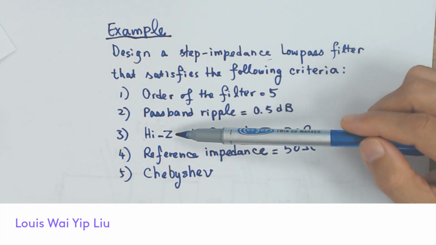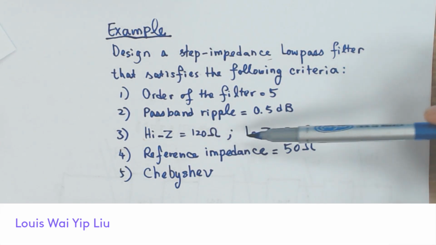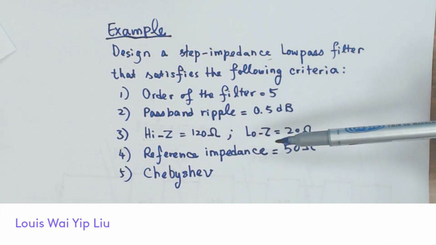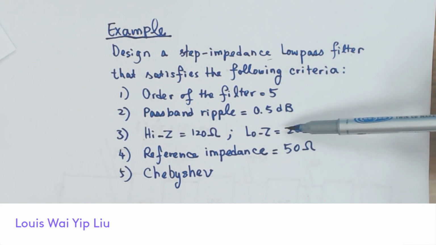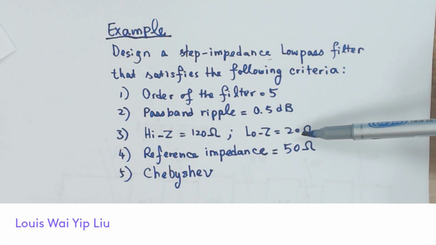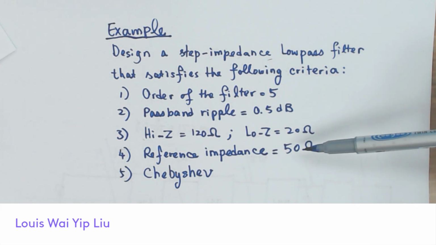The high-end impedance is 120 ohm. The low-end impedance is 20 ohm. The reference impedance is 50 ohm.